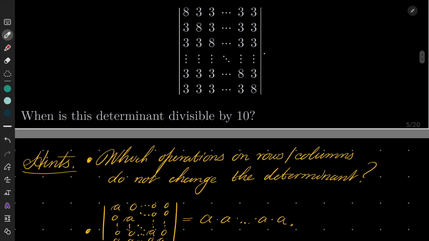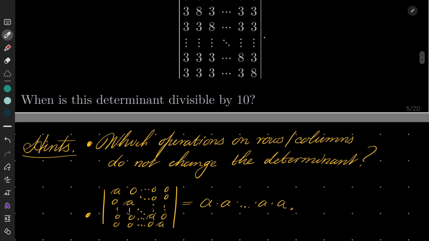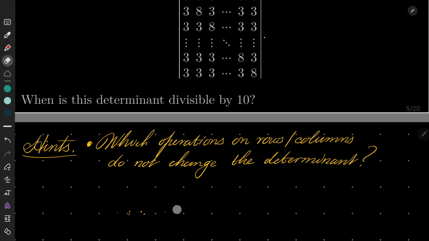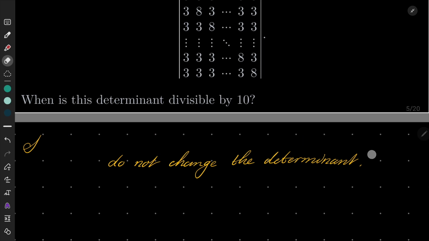And moreover, it's good to remember that the determinant of a diagonal matrix is just the product of its entries on the diagonal. It's even true if zeros are below or above the diagonal. So give it a try and see you in a moment.